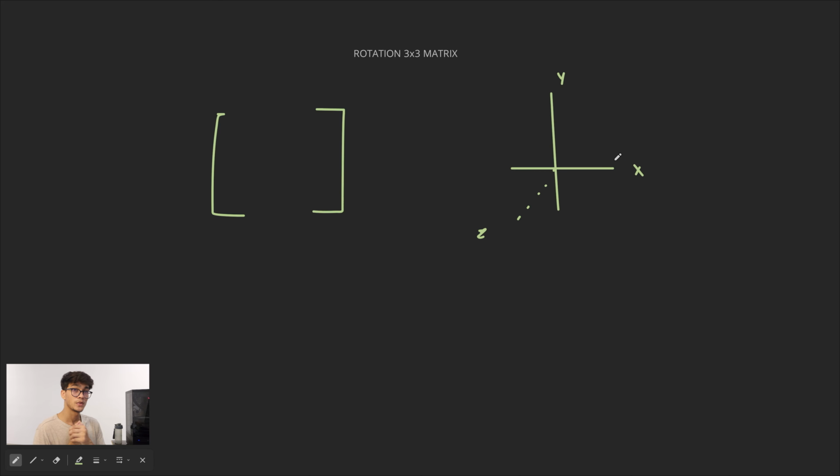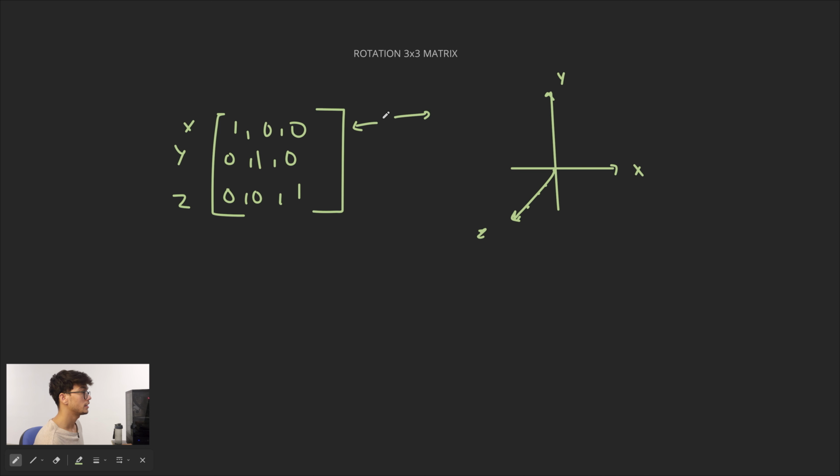But here the world matrix only has three directions. It gives us direction, right? So I talked about this, and we have x, y, and z. Z is facing in its direction, y is facing up, and x we have 1, 0, and 0. This is left to right, this is up and down, and this is our depth.